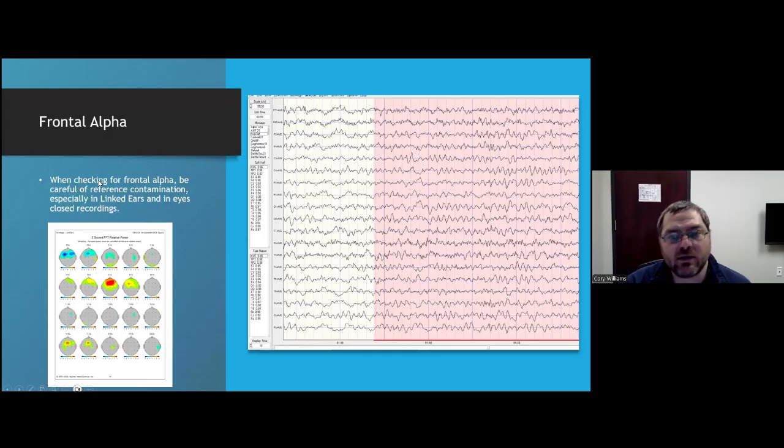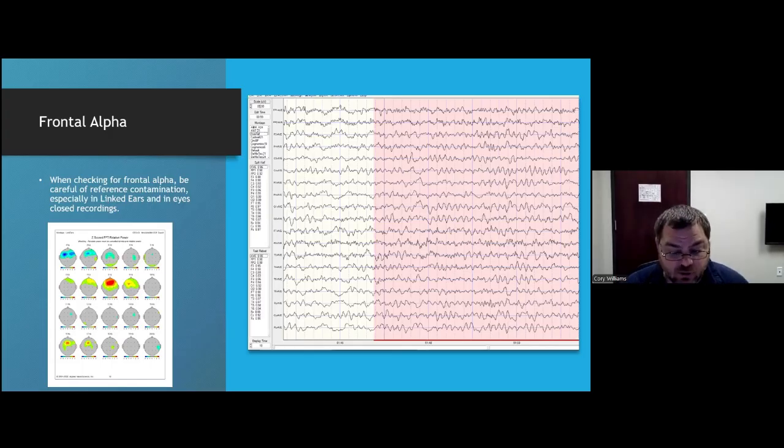Now, when you're looking for frontal alpha, you have to be careful of your montage because in linked ears especially, the earlobe where you have your reference sensor will pick up alpha activity that's generated in or near the temporal lobes. And then it will contaminate all of your sensors with excess alpha. That's called reference contamination.